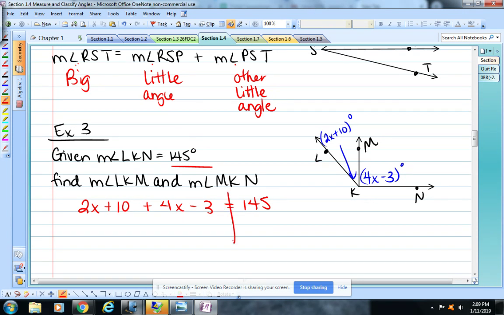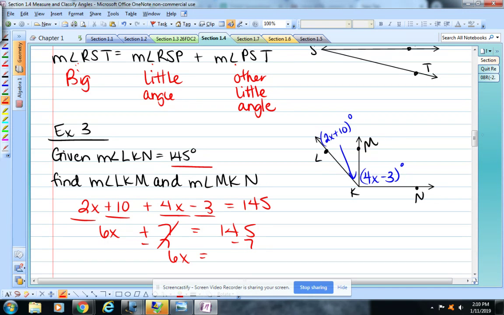So, on the same side of the equal sign, I got two different x's, so I combine like terms. What is 2x plus 4x? 6x. Same thing with 10 and negative 3. Those are like terms. So what is 10 minus 3? So 6x plus 7 equals 145. I'm going to erase my line. It's junky looking. Then I'm going to subtract 7 on both sides.